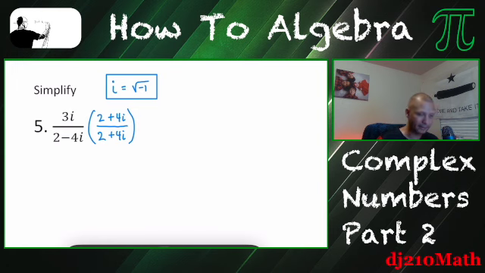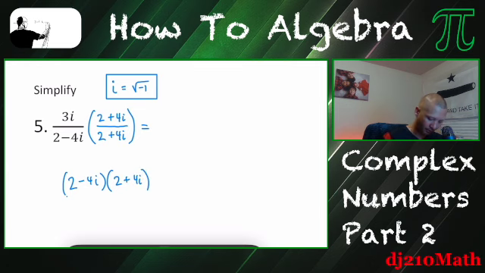Now, we don't care if i is in the top, right? i can be in the top of a fraction all day. It just can't be in the denominator. So watch. The denominator, I'm going to rewrite it off to the side or down below. Okay, conjugate pair. I'm multiplying conjugate pair. So first times first: 2 times 2 is 4.